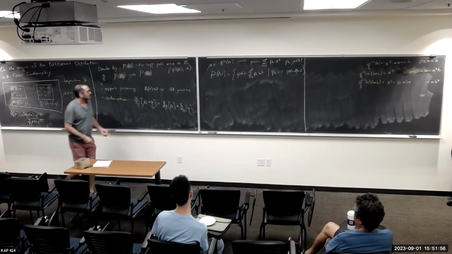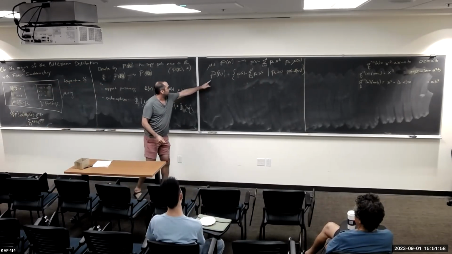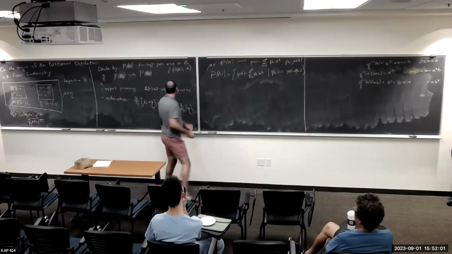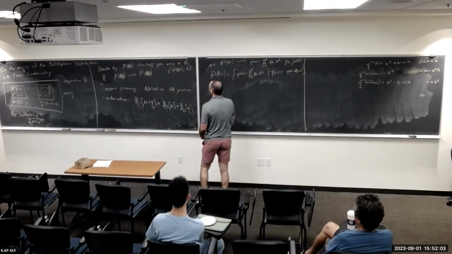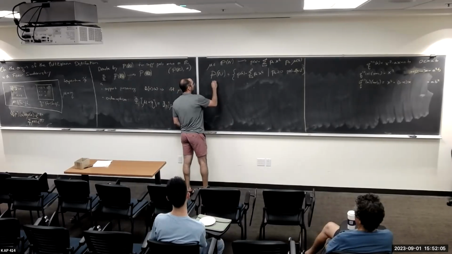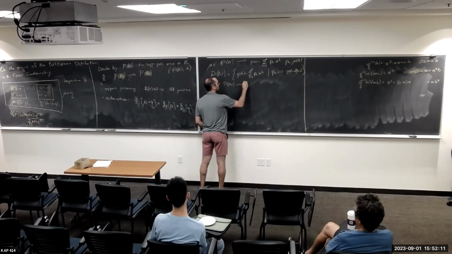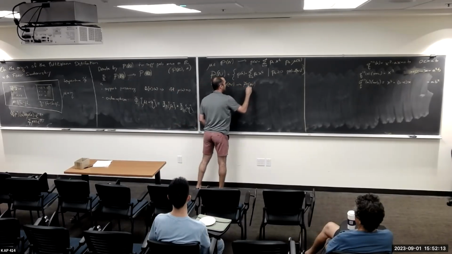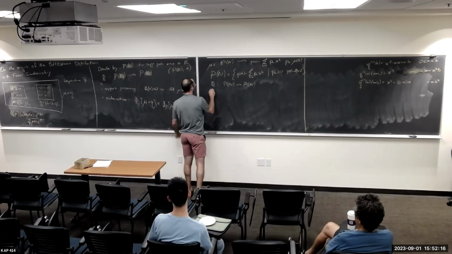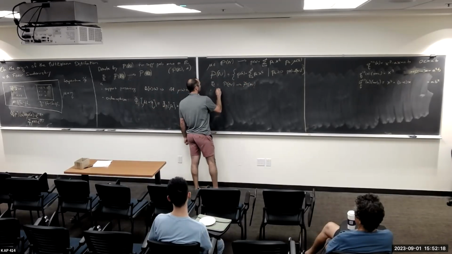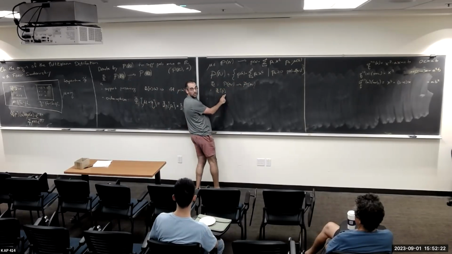Now, the reason to do this is the following. Again, I think of phi as a function from P_n to T_n, and support preserving, just like before, means phi of some polynomial p is a new polynomial.